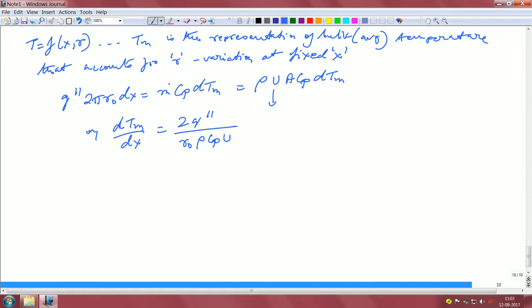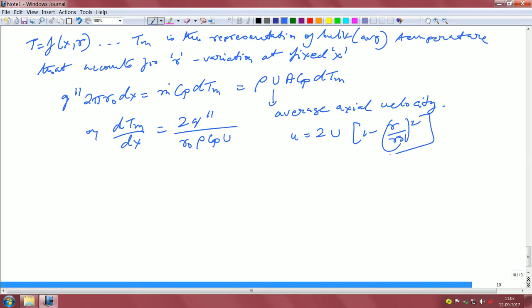So, this is the average axial velocity that we already derived earlier. Remember, in the velocity profile, if you have forgotten, we already had an expression for u, right. u was 2u average times 1 minus r by r naught squared. Do you recall that? Okay.